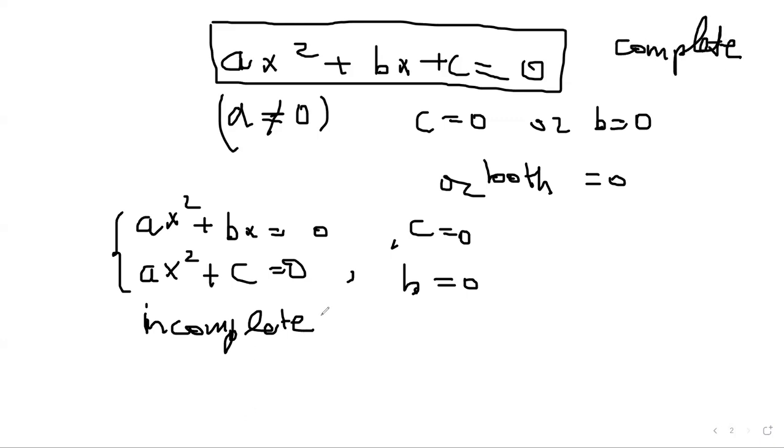Today, we are going to continue with the incomplete case and extend the ideas that we have spoken about in our previous video. If you remember, we mentioned the case when we have, for example, 2x squared plus 4x equals 0. So in this case, c was 0, the constant coefficient.